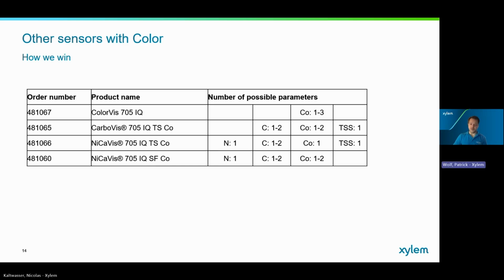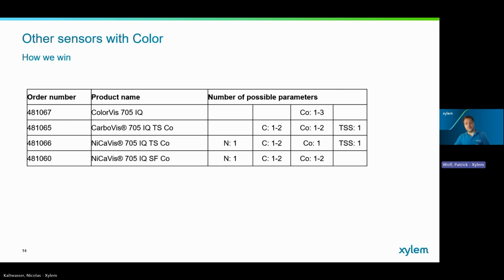This is very similar to other spectral sensors. You can go into the settings of the sensor, and there is a menu point which is called number of sensors. And in that case, it's number of color sensors. And then you can increase the number to 3. And if you do this, then you can show up to 3 parameters on your display.